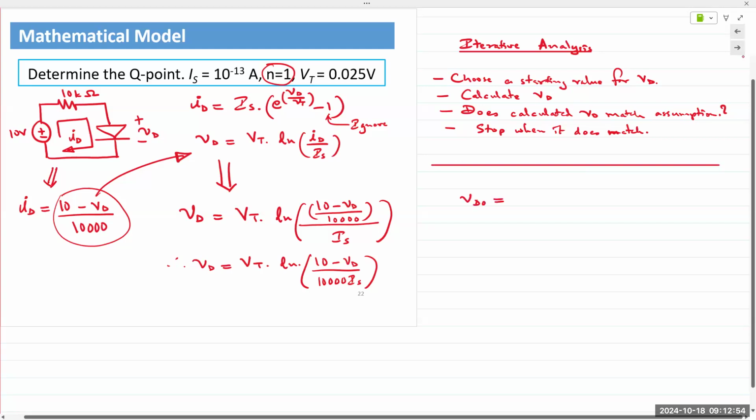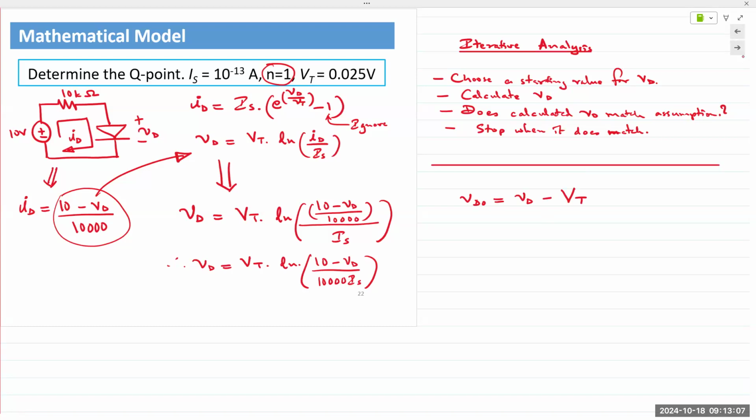VD0 is simply the diode voltage minus the thermal voltage VT. It was an assumption on my part, but I shouldn't have assumed. This is in the assigned reading, which is section 3.10.